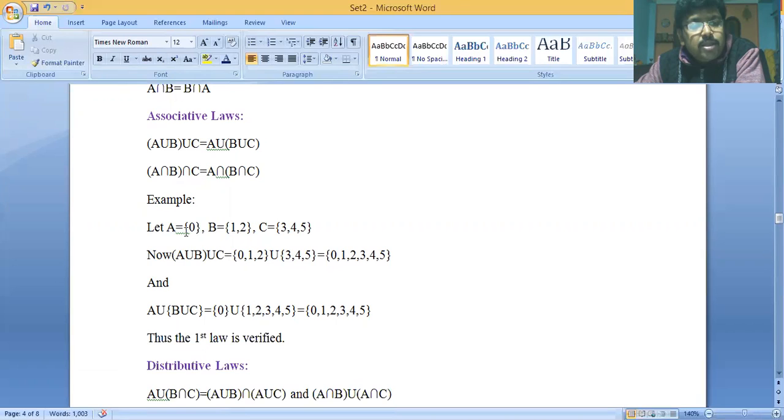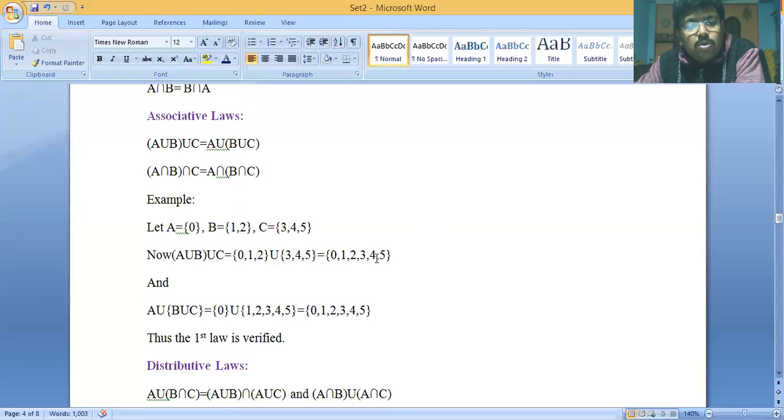Suppose A is a set with element 0, and B is a set 1, 2, and C is a set 3, 4, 5. So now A union B union C. A union B is 0, 1, 2, and C is 3, 4, 5. So ultimately, this set union with this set, we get the elements 0, 1, 2, 3, 4, 5.